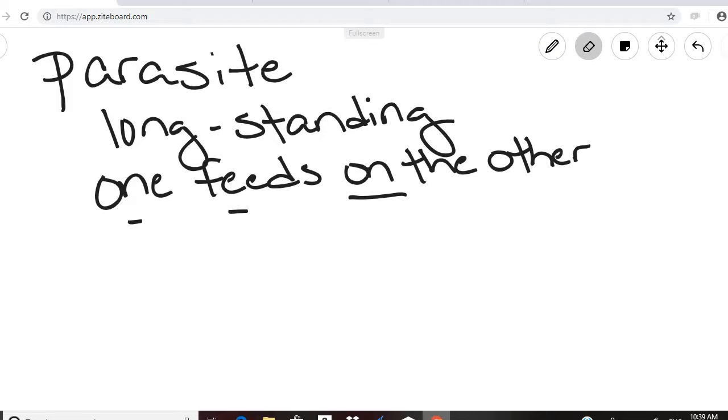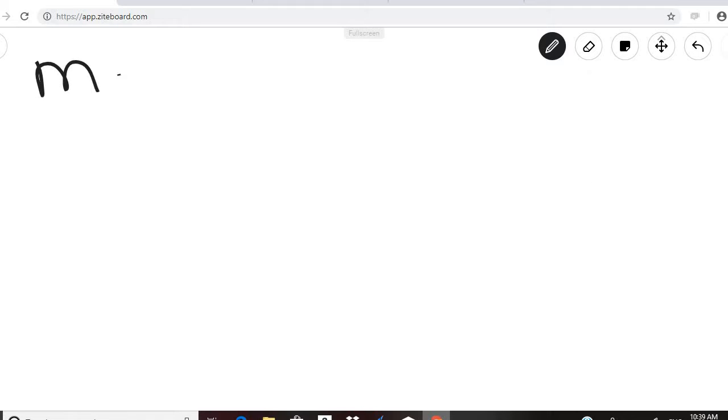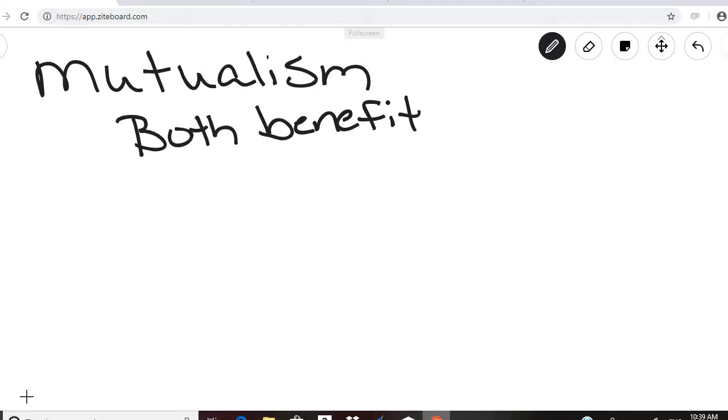Okay, and then perhaps one of the most fascinating of these is mutualism. Mutualism is a relationship where both benefit. And not only may they both benefit, but it's possible that they may require each other in order to survive.